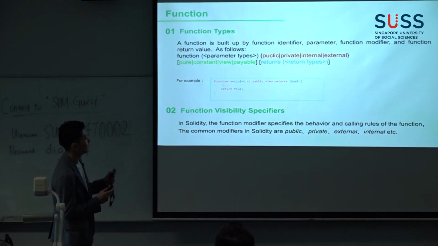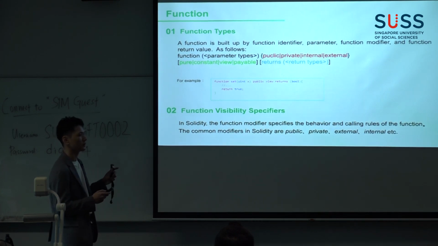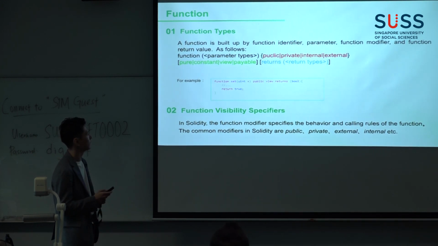And the function modifier will limit the function scope. We listed examples here: public, private, internal, and external, and each of them has different visibility. Also, there are pure, constant, view, payable. Payable is interesting because the function needs to be payable in order to accept Ether from the message.value passed in by the user. And it returns whatever return types you define.